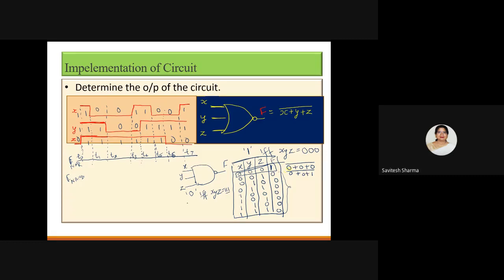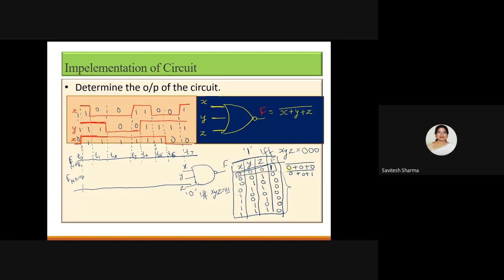And for the rest of the cases it will produce 1. So check the condition and tell me what you will get for this input combination. Everyone, please tell me at time T0 what will be the output. Just please respond.